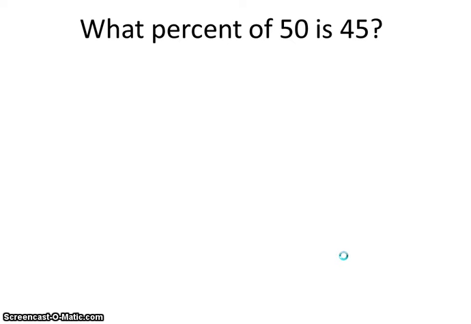When you get a test back, I don't give the percents. You're given the number you got correct out of the number of possible points on the test. So if I wanted to figure out what percent of 50 is 45, I would write my score as a ratio. In this case, I got 45 out of 50 possible points.